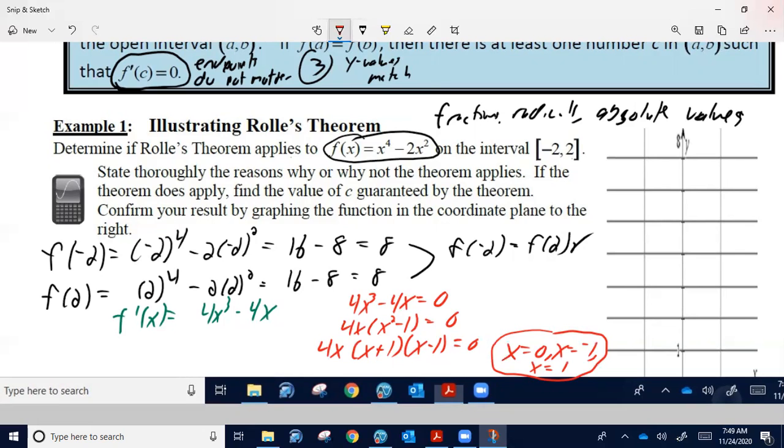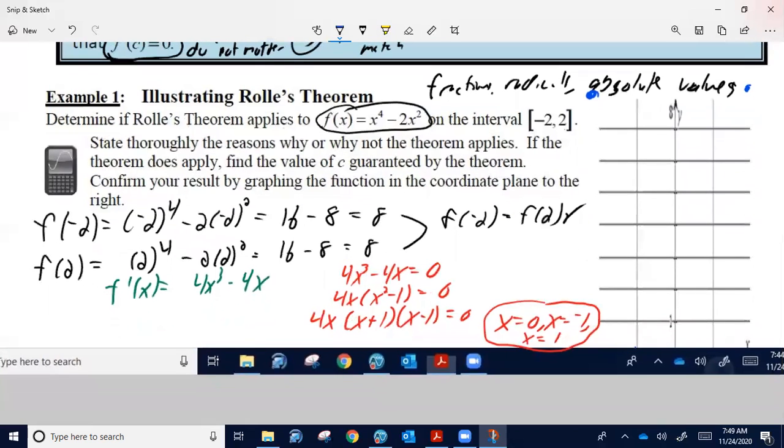And if we graph this, we'll see it, because at -2, we already said we have an answer of +8. So 1, there's 0, -1, -2, 1, 2, 3, 4, 5, 6, 7, 8 up top. +2 is going to be way up here at 8. -1, if I plug -1 in the problem, we get -1. If I plug 0 in the problem, we get 0. If I plug +1 in the problem, we get -1.